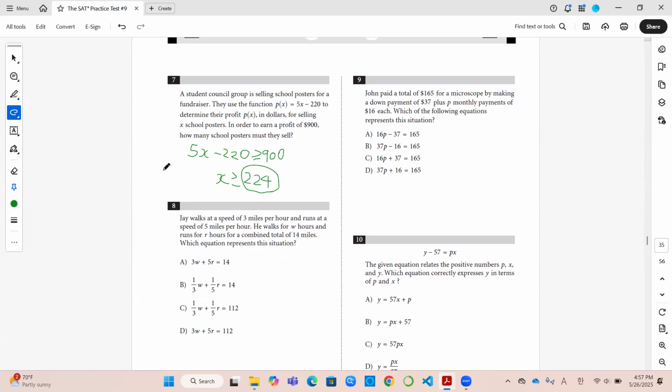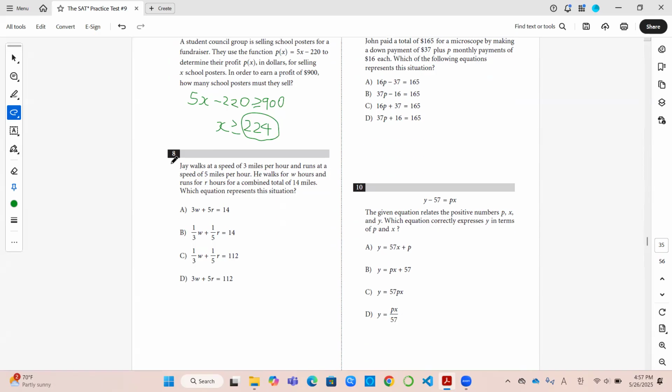Okay, moving on. Jay walks at a speed of 3 miles per hour and runs at a speed of 5 miles per hour. He walks for W hours and runs for R hours for a combined total of 14 miles. Which equation represents this situation?